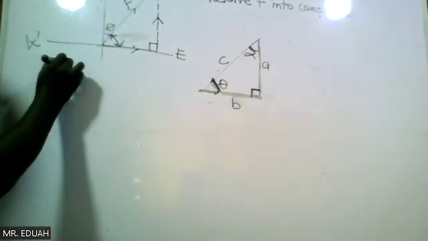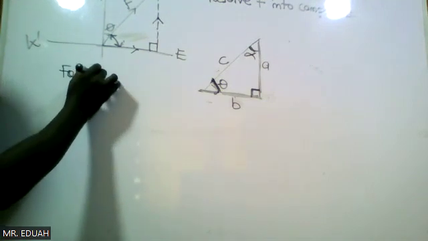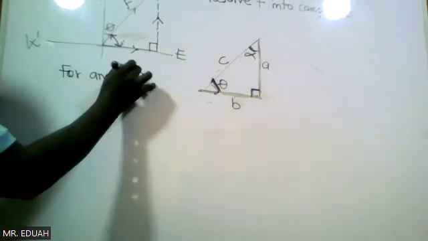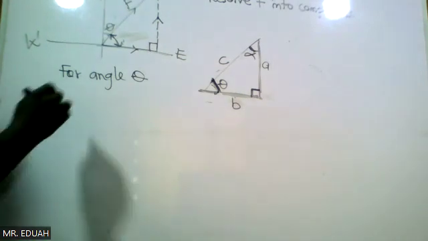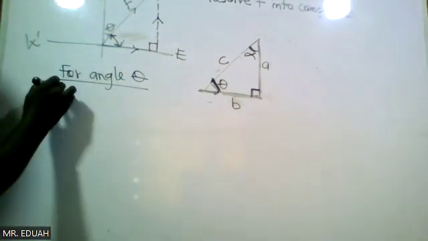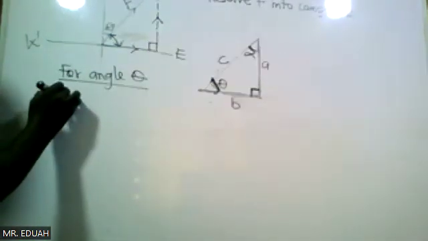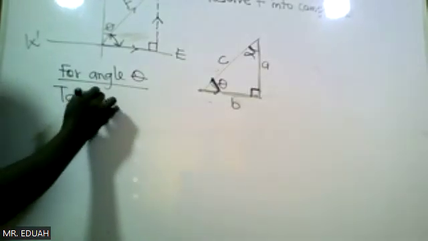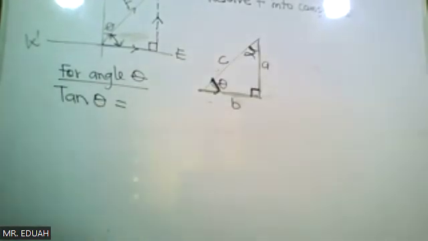So for angle theta, the trig ratios, tan of the angle theta. I know tan is TOA. Tan is TOA, opposite over adjacent. Which angle are we talking about here?